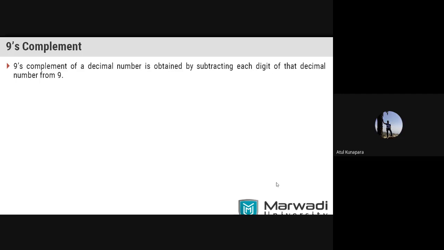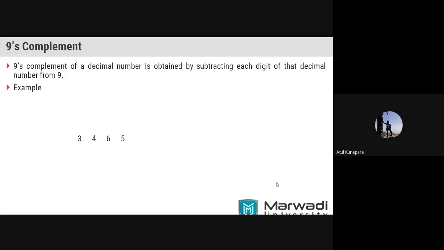In a similar manner, as in the last session we saw how to get the ones complement, the ones complement in our binary number system is similar to this 9th complement in the decimal number system. Look at how you can get it with an example.